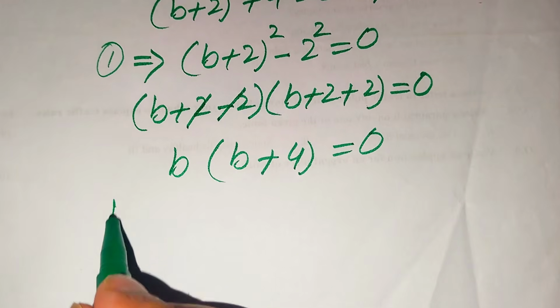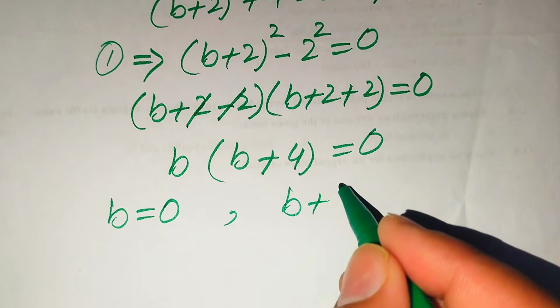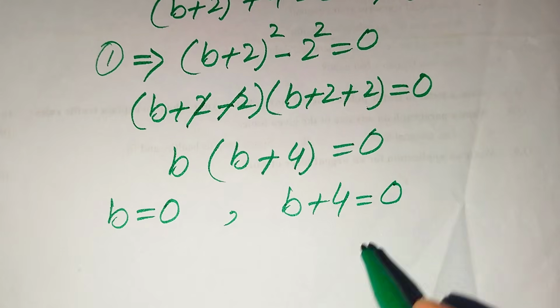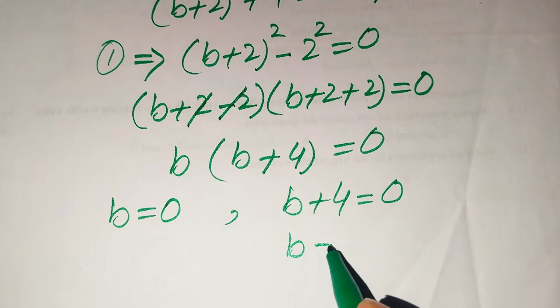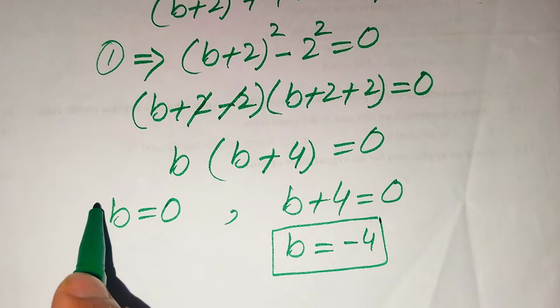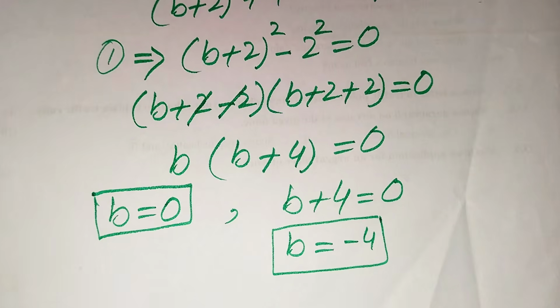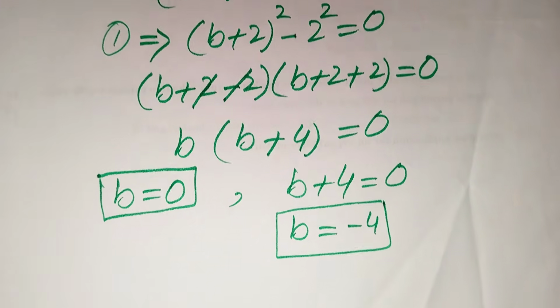Now we divide this into two cases. The first case is b equals 0, and the second case is b plus 4 equals 0, from which we easily get b equals minus 4. So these are the two real roots which we get from equation number 1.